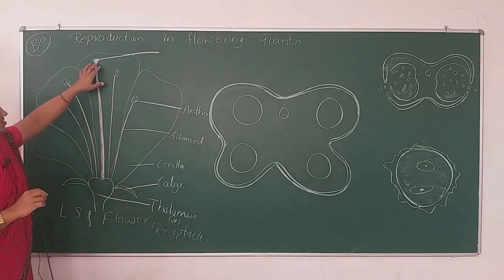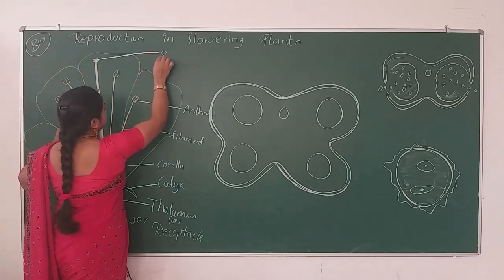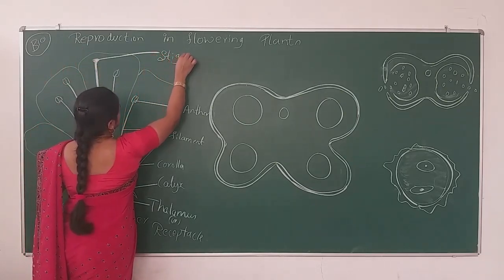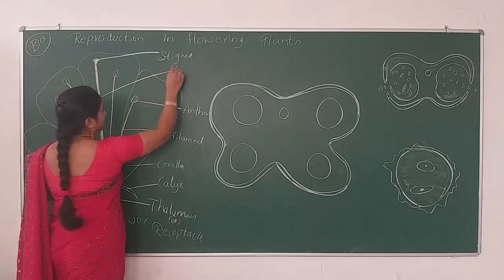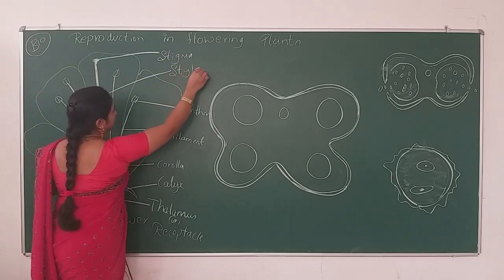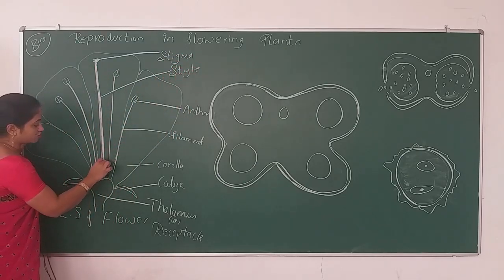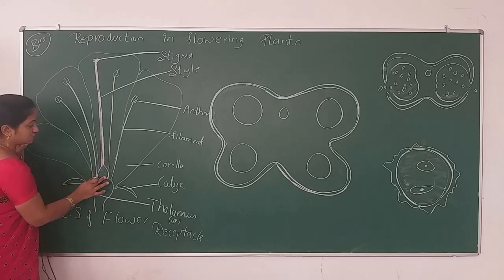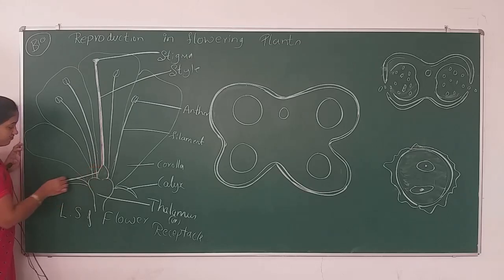In this pistil we have three parts. One is the stigma, then the style, from here to here, and the basal part, which is a little bit swollen. That swollen basal part is considered the ovary.